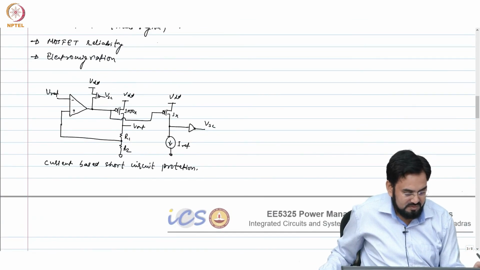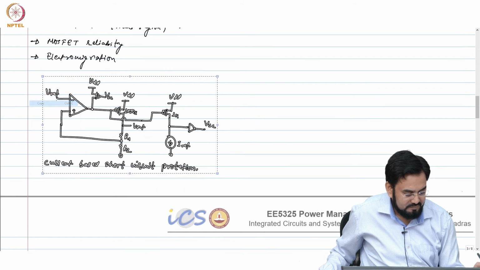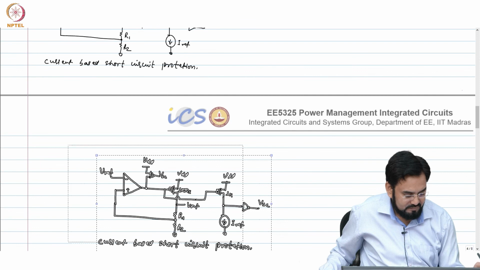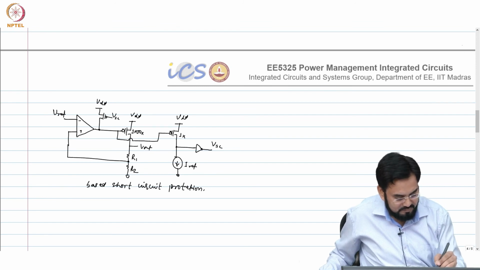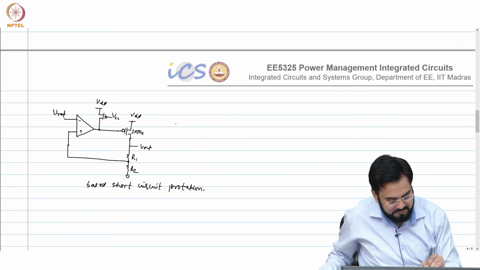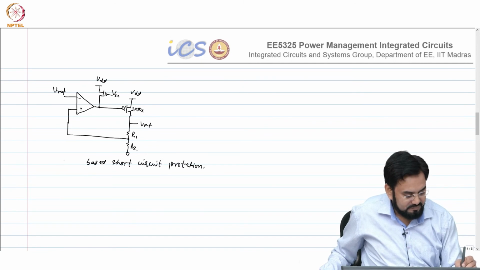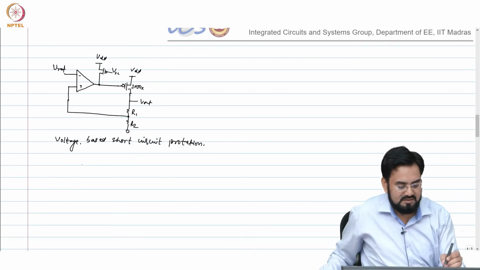Another way I can do is a voltage based one. So you just take the same thing. So we don't need current sensing for this. So which voltage do I want to sense?